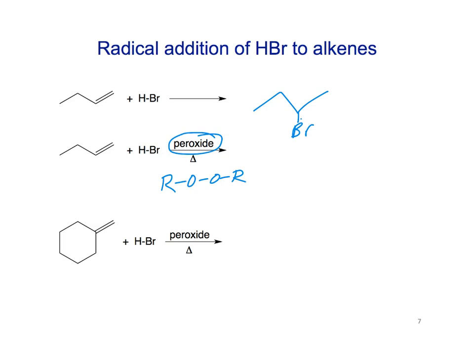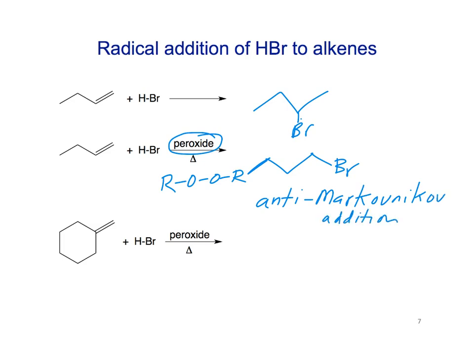If we add peroxide, then the reaction changes to put the bromine on the terminal end. Okay, so we could call this an anti-Markovnikov addition. Right, this one up here followed Markovnikov's rule.